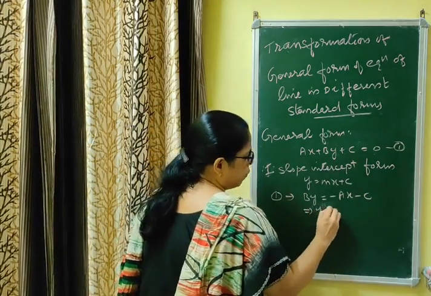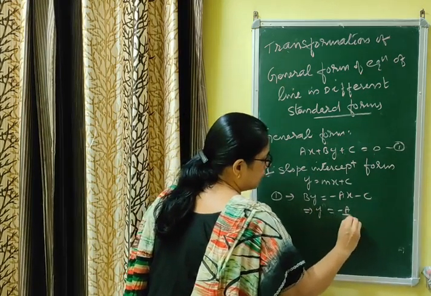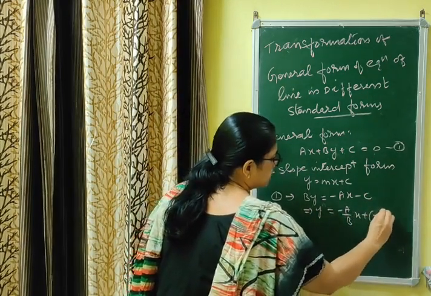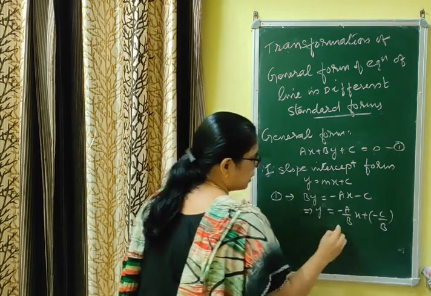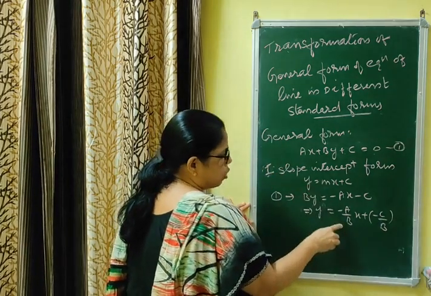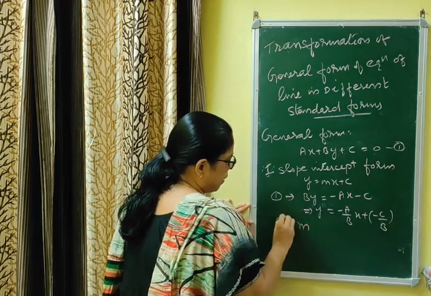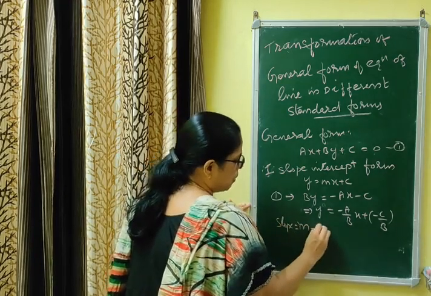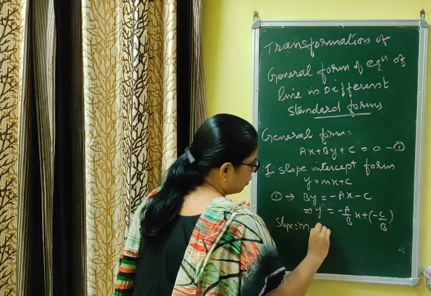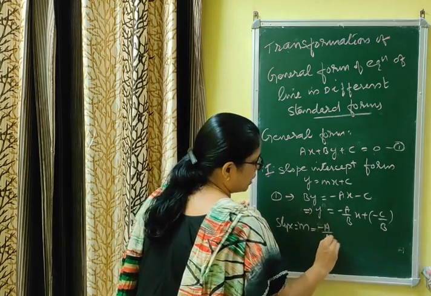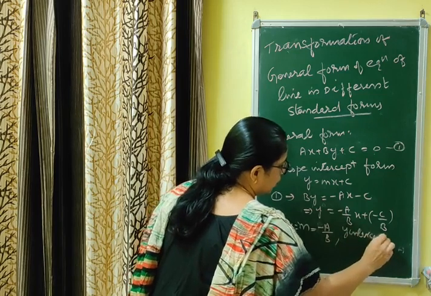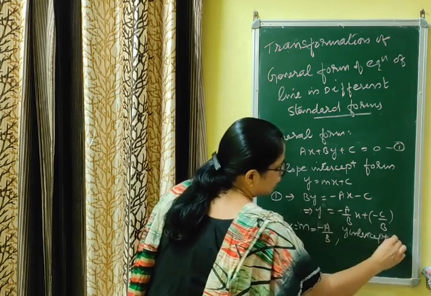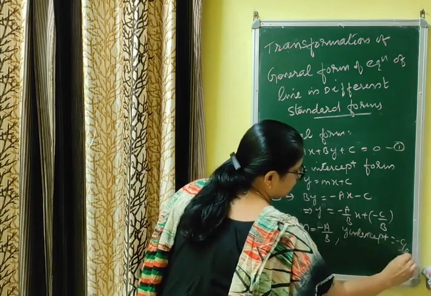Again, y is equal to minus a by b x minus c by b. This is of the form y equal to mx plus c, where m is the slope, given by minus a by b, and the y-intercept is minus c by b. This is the first case.